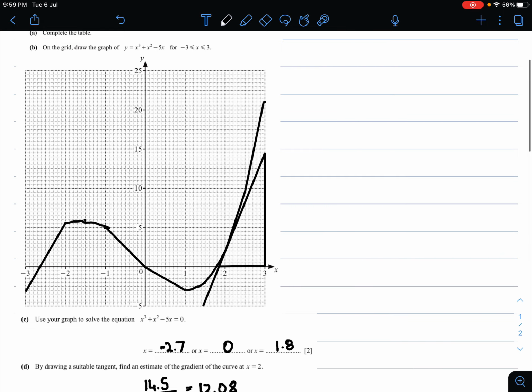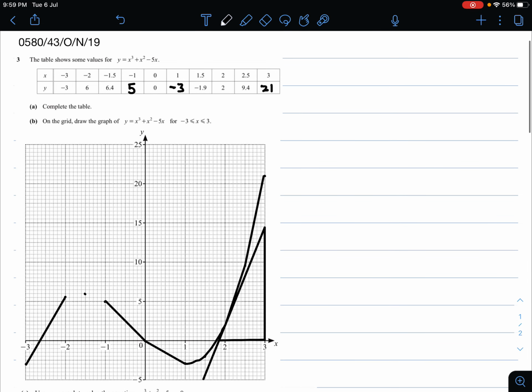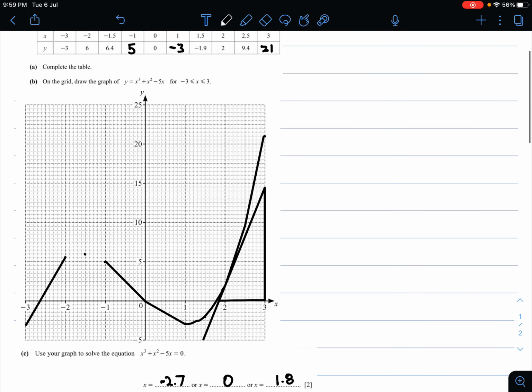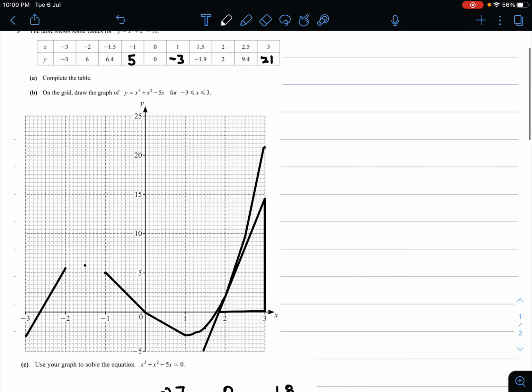So as you can see here, minus 2 is 6. If you see here, this would be the highest point where the line would intersect 3 points of the graph.